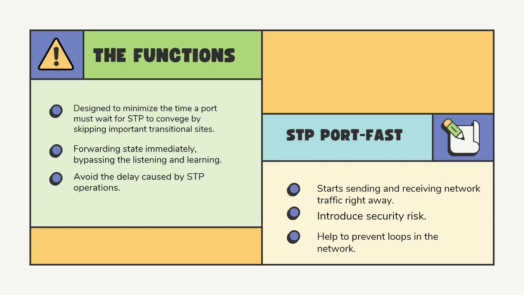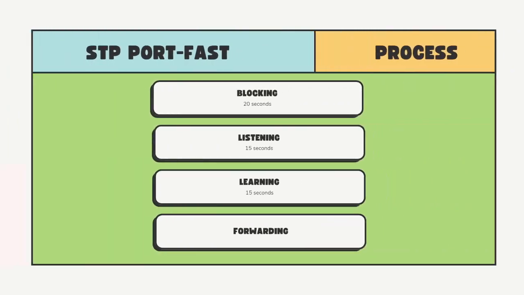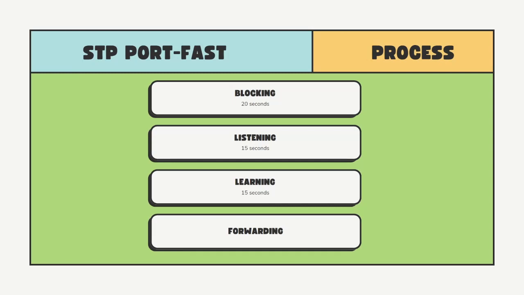For the third, it avoids the delay caused by STP operation. And the fourth, it starts sending and receiving network traffic right away. And the fifth, and the last, it helps to prevent loops in the network.